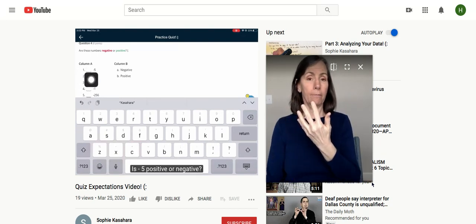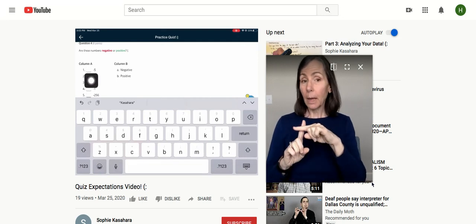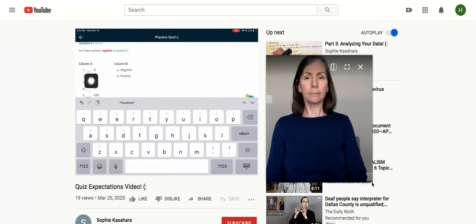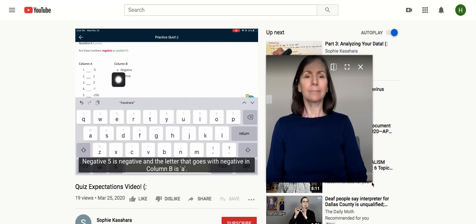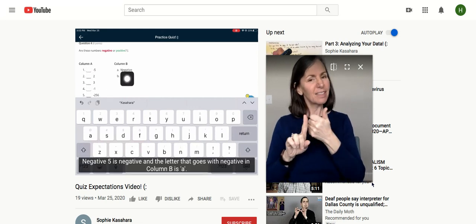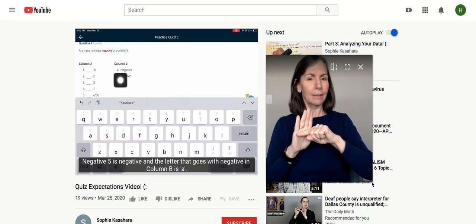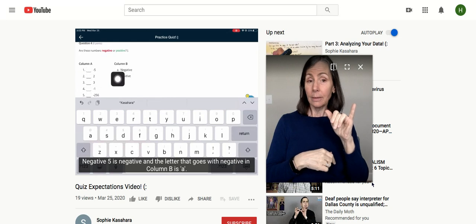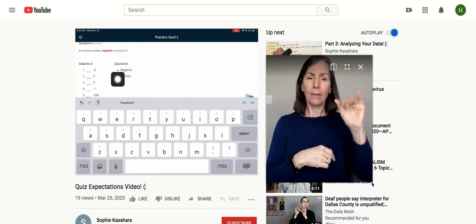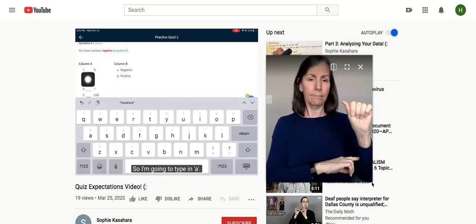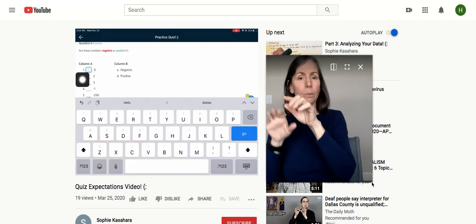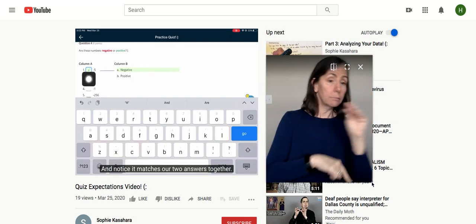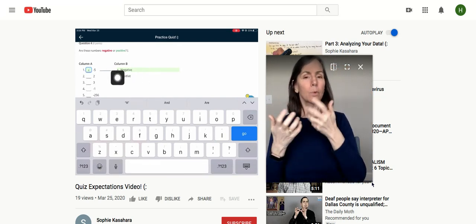Is negative 5 positive or negative? Negative 5 is negative. And the letter that goes with negative in column B is A. So I'm going to type in A. And notice it matches our 2 answers together.